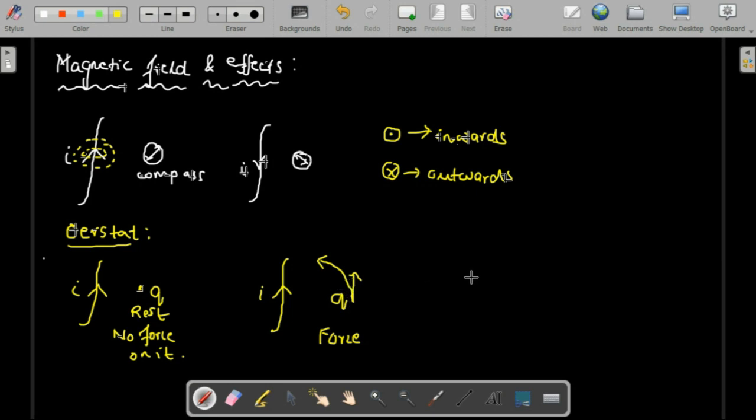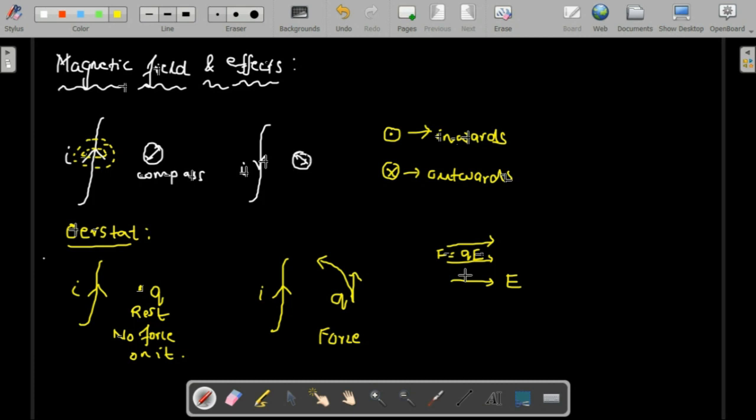We know that if you have an electric field E, and a charge Q here, then QE is the force acting on it in an electric field. So here also there is definitely some kind of force acting on it.